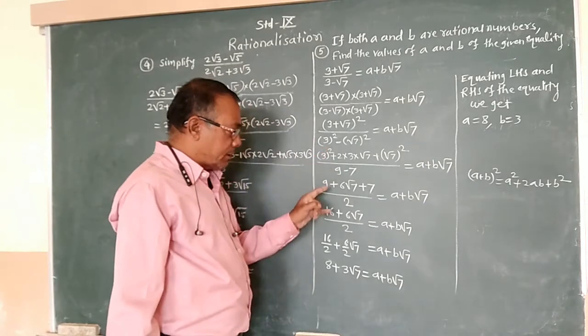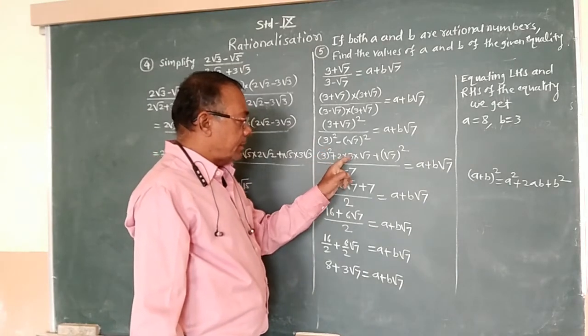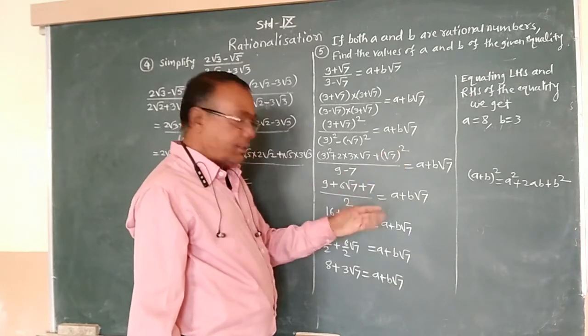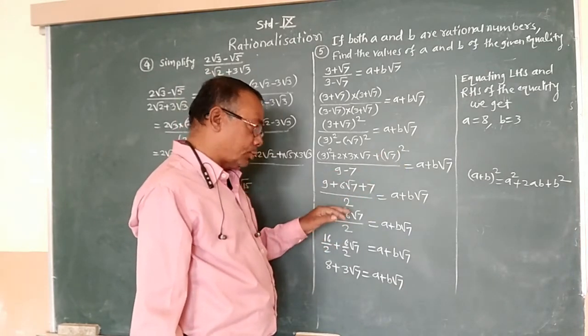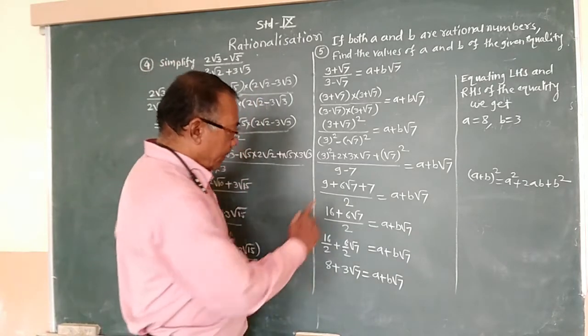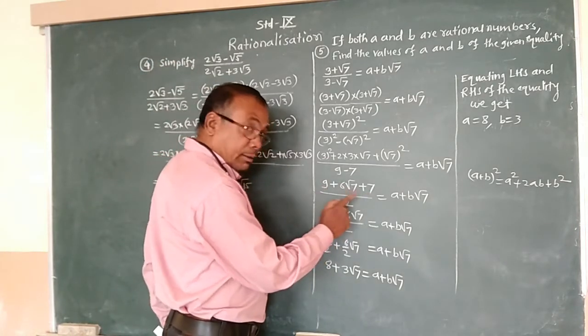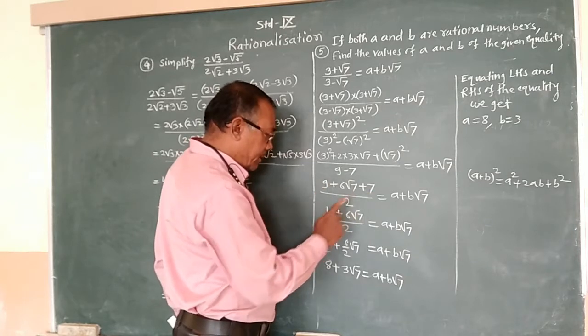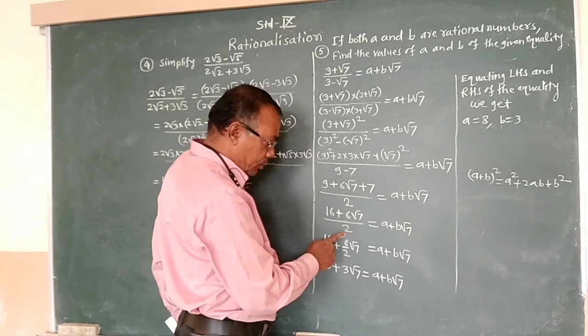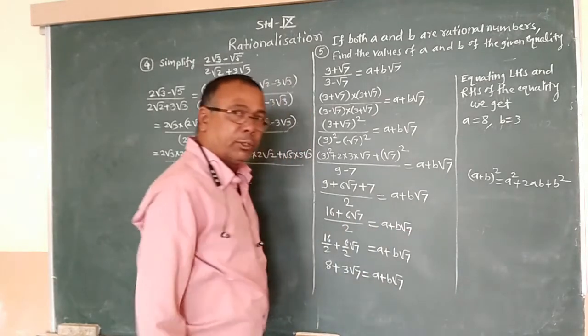Now 3 square is 9 plus 2 3s are 6 root 7 plus root 7 square is 7, divided by 9 minus 7 is 2. That is equal to a plus b root 7. And now here 9 plus 7, that is equal to 16 plus 6 root 7 divided by 2 is equal to a plus b root 7.